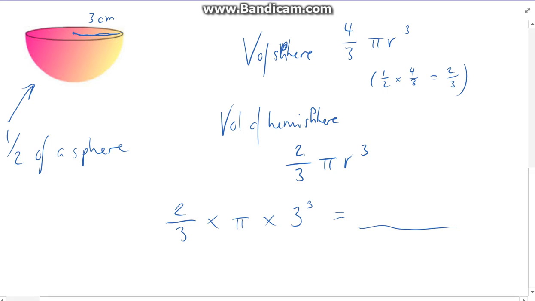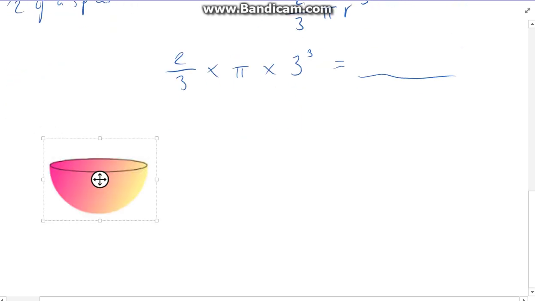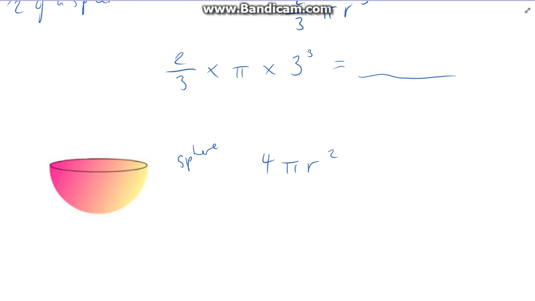I'm just going to copy this image down here, so it just gets a little bit trickier for when we think of surface area. So in our spheres, the surface area of a sphere was 4 pi r squared. And we have to remember this was the curved surface area because the sphere was only curved.